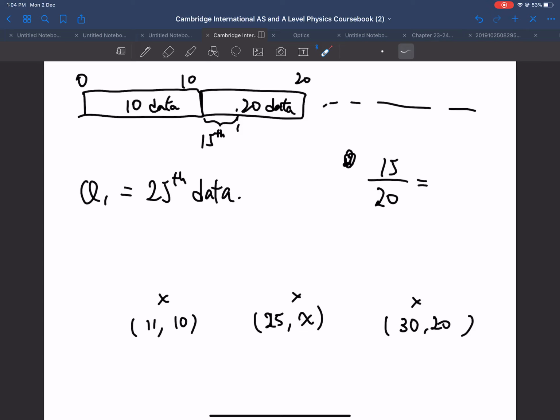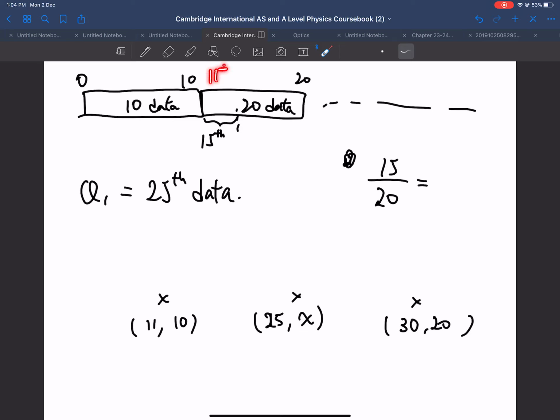Now just consider this. The 20 data are evenly distributed around this range. So here I consider x and y. The x is the order of the data, the place of the data. 11 means the 11th.